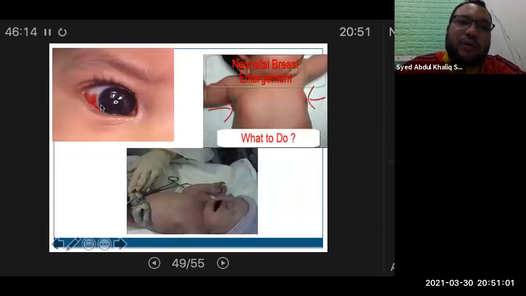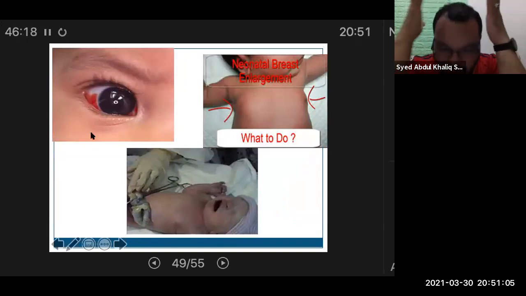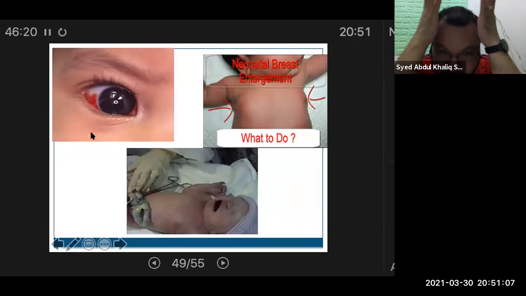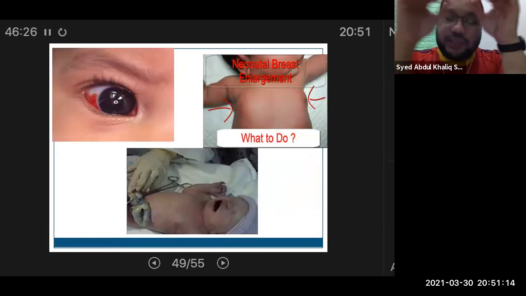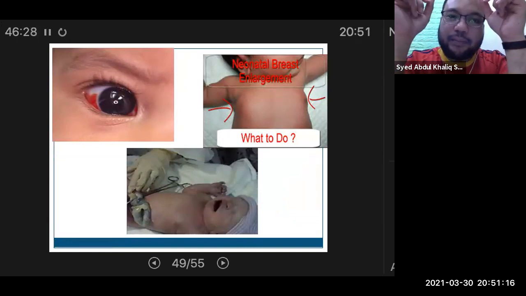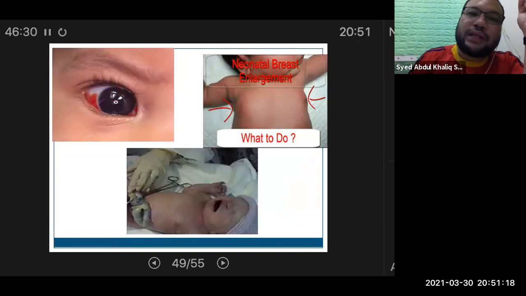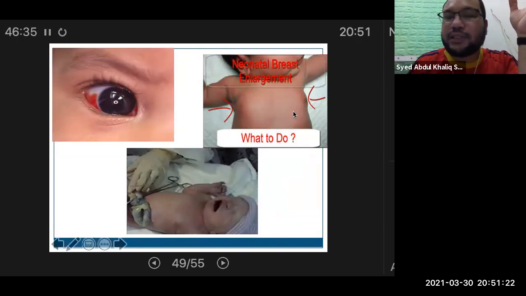So this is subconjunctival hemorrhage, which is okay, sometimes because of pressure. In the birth canal, the high pressure, then sudden release. So this causes the rupture from the capillary bed. That's okay. Neonatal breast enlargement as well. This is again because of maternal hormone. So that should be fine.